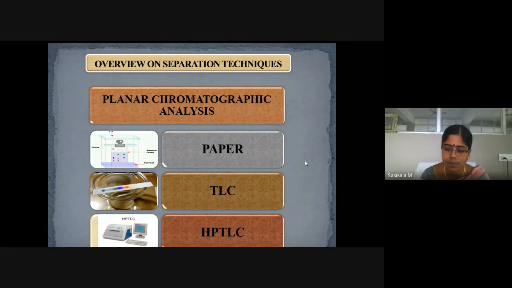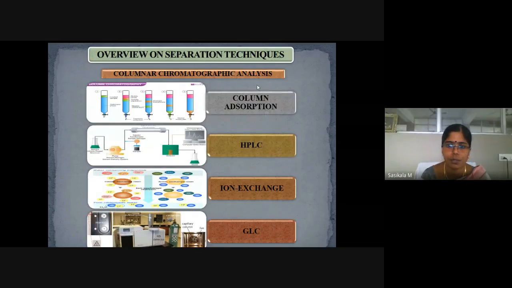What is the other part of separation techniques? Columnar chromatographic analysis. In the column, either open column or closed column. This is an open column, this is a closed column. We will be separating our drug products or drug substances. Since we use columns, either open column or closed column, it is called columnar chromatographic analysis.